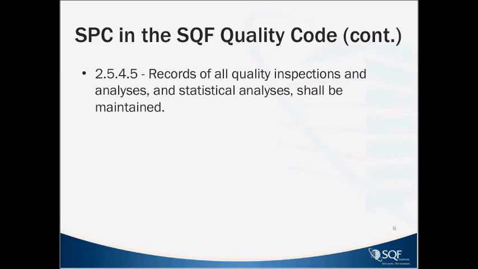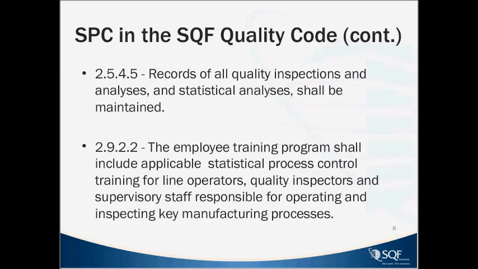And a couple other places where it also mentions that a record of all quality inspections and analysis and statistical analysis shall be maintained, obviously, so they're part of what you're using to improve quality. And then the last piece, and this is in the training component, where it says that line operators, inspectors, and supervisory staff that are inspecting key manufacturing processes shall have training in statistical process control.